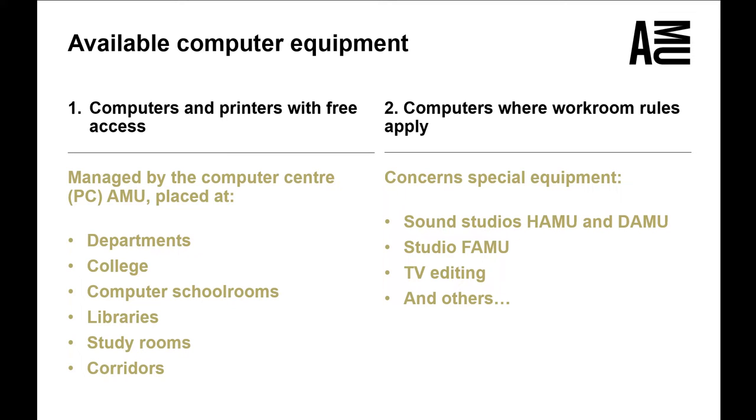This is special technology, typically, for example, in FAMU Studio TV Cut or the sound studios of HAMU and DAMU, and it already has its own special administrator, and you might not be able to use the login details that you have on the paper. So please, if you can't get in, ask your teacher or the IT administrator who manages that technology.